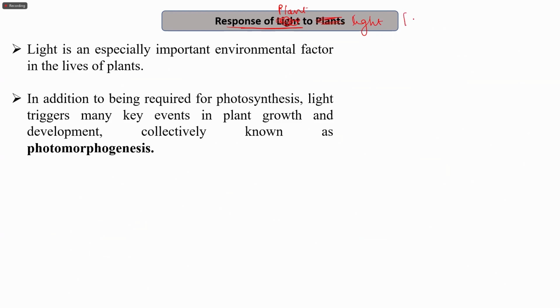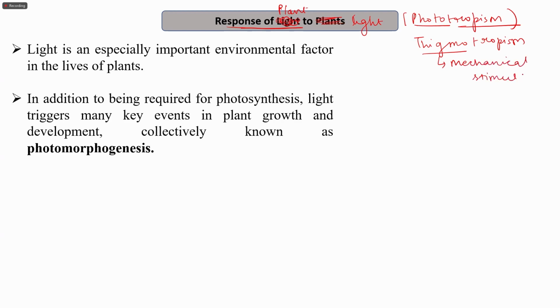This is known as phototropism. Photo is related to light, tropism is related to the response. Similarly, plants also show thigmotropism, which, as I mentioned, is the response to mechanical stimuli, and gravitropism, that is the response to gravity.